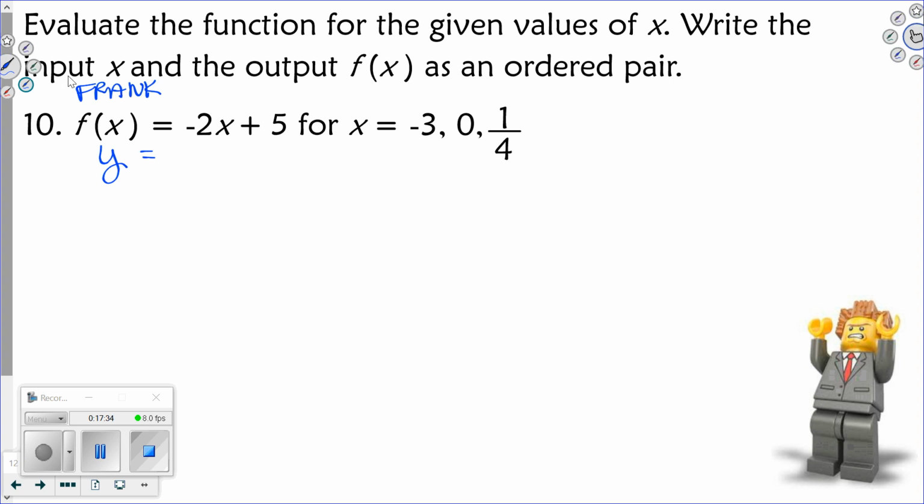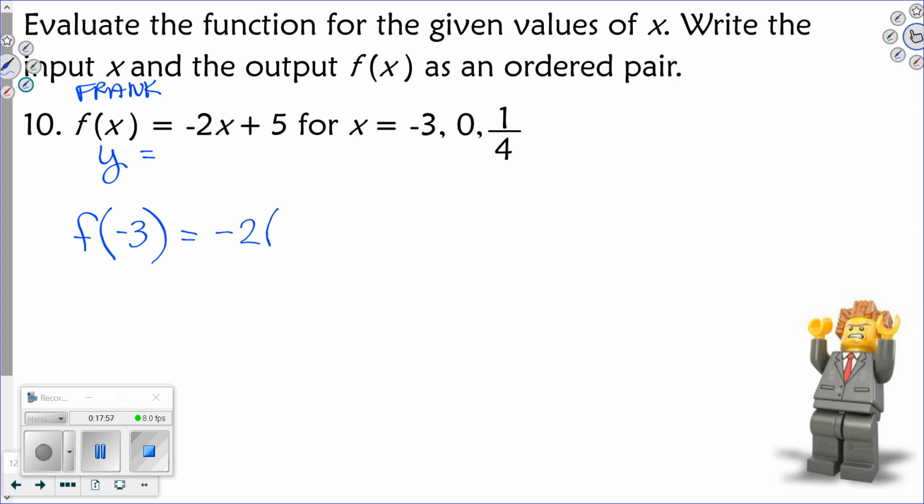So it has three different values for x. The way that you usually would label this is f of -3 would be the first one. Because take a look, this is x equals -3. What did I put it in place of? The x. So when I look at the equation, I'm going to put the -3 where the x is.